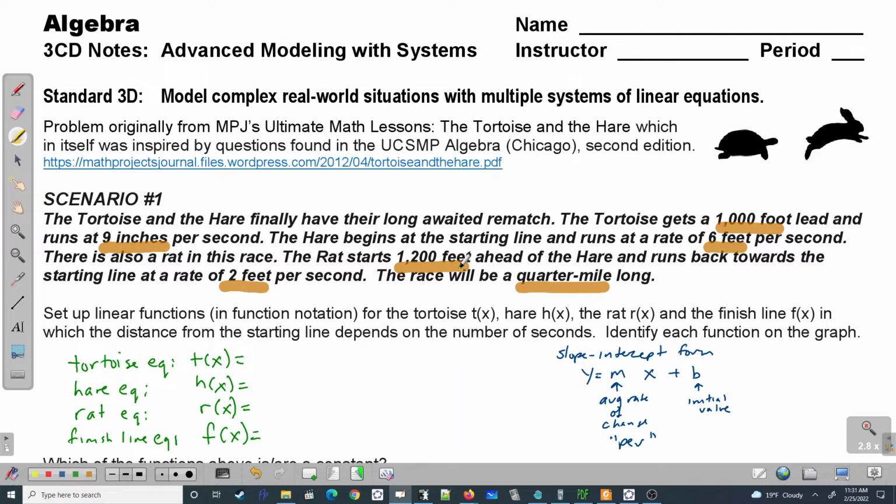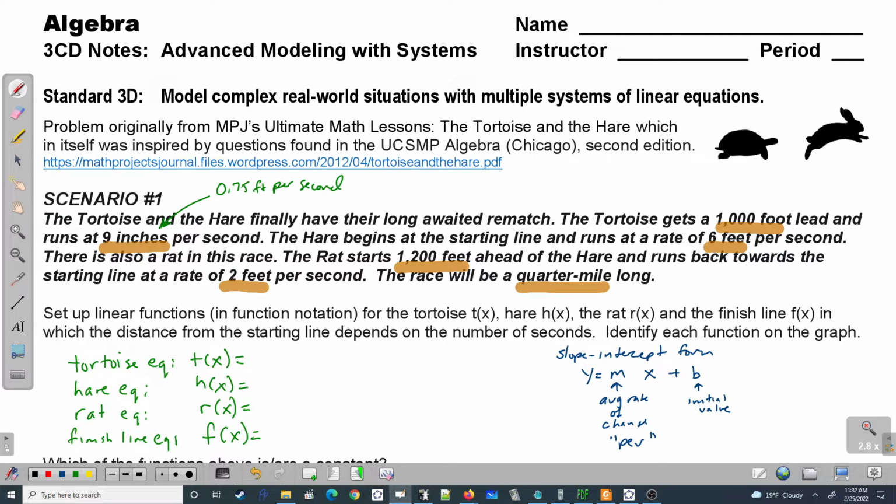We really need to standardize our unit so that we're consistent. And to me, the easiest thing to do to make it consistent is let's convert all these to feet. So this may be 9 inches, but I think it would be better to call it 0.75 feet per second.